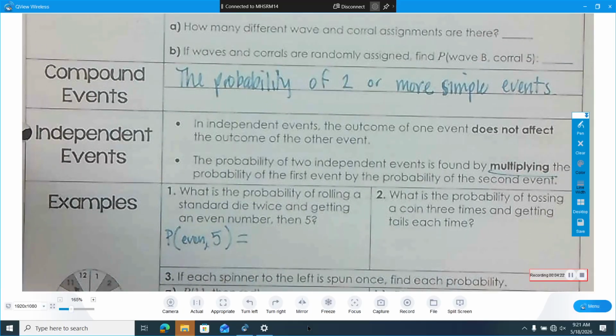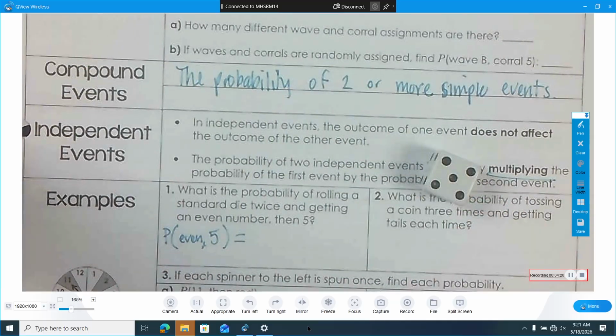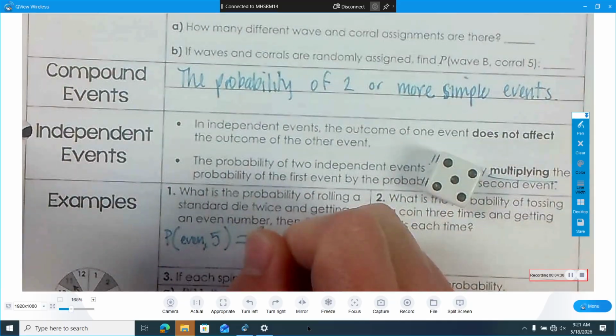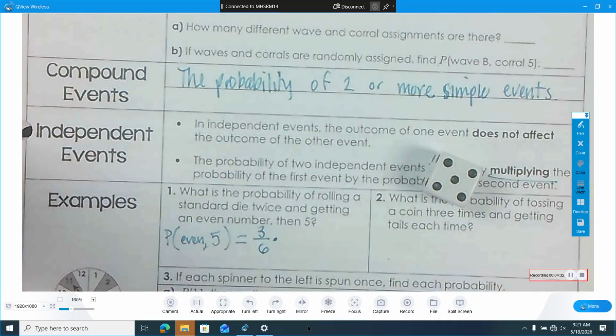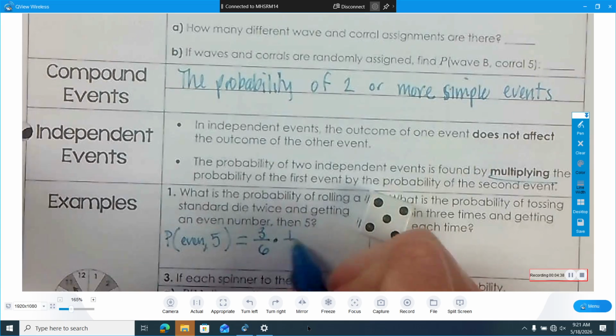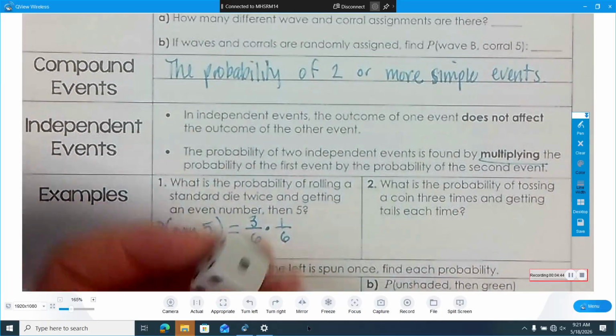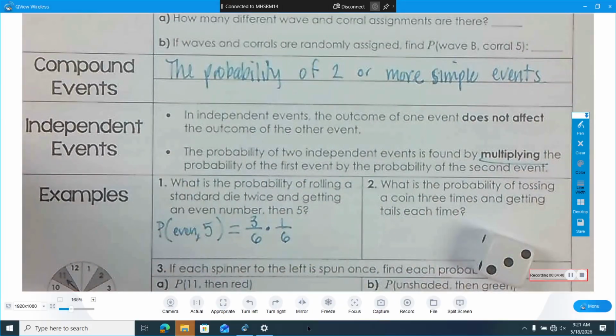What's the probability of getting an even number? 3 out of 6. There's 3 even numbers, 2, 4, and 6. So there's 3 winners out of 6 different sides there. And what's the probability of landing on a 5? 1 out of 6. Those are all independent events because I'm going to roll that die and it starts with the same 6 sides every single time.